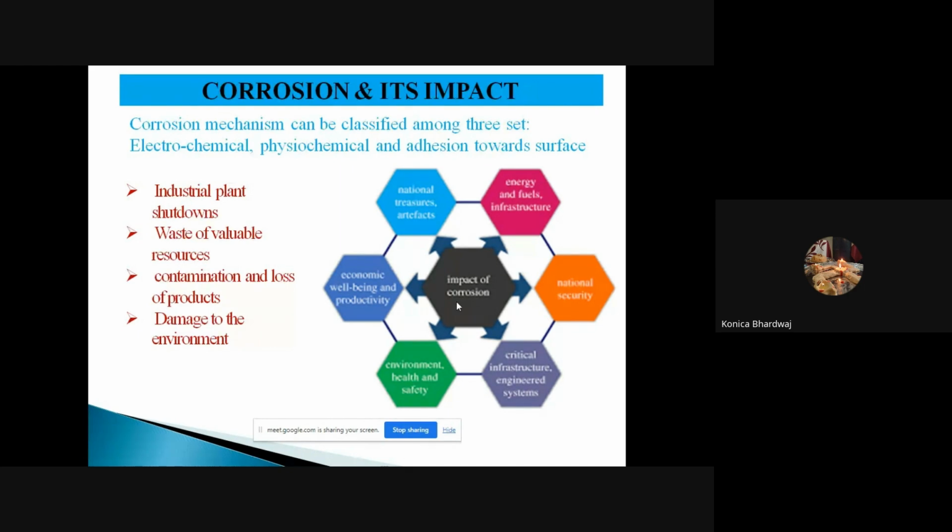The impact of corrosion on various industries and areas also affects the economy, artifacts, and the environment. The contamination and loss of products because of corrosion has a huge impact on various industries of metals, alloys, infrastructure, engineering, even defense.